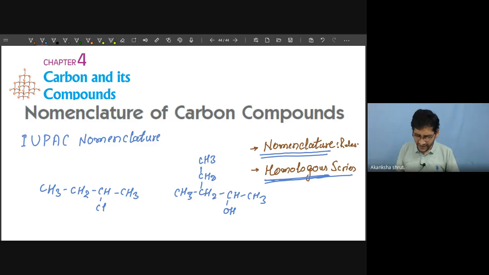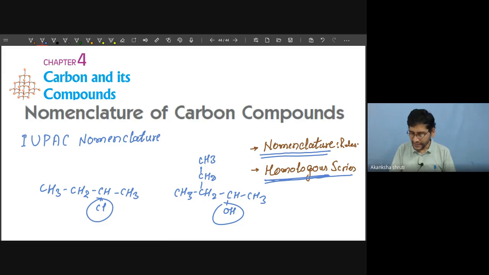For the simplest ones, we had learned that if there is a halo group or chlorine group, then halo or chloro is used as a prefix. If there is an alcohol, then OL replaces the E of the alkane to give the name. But that itself is not sufficient in this case, because this alcohol is not attached at the end.